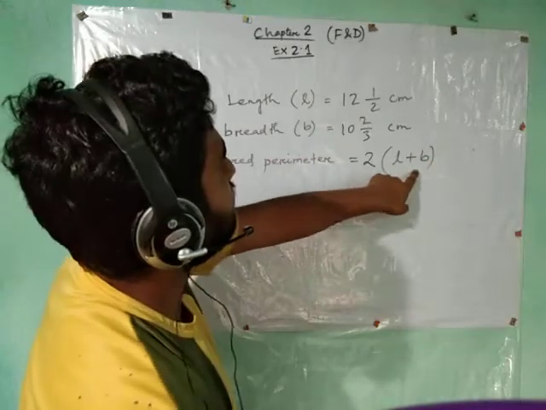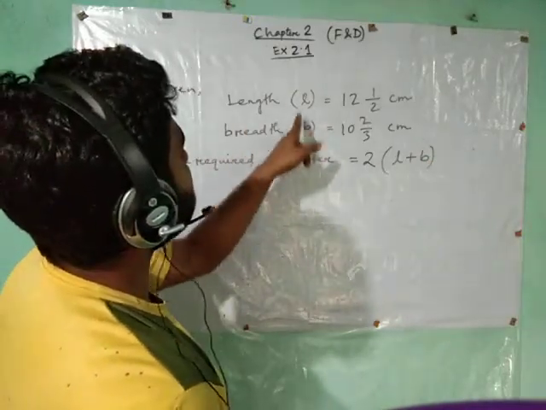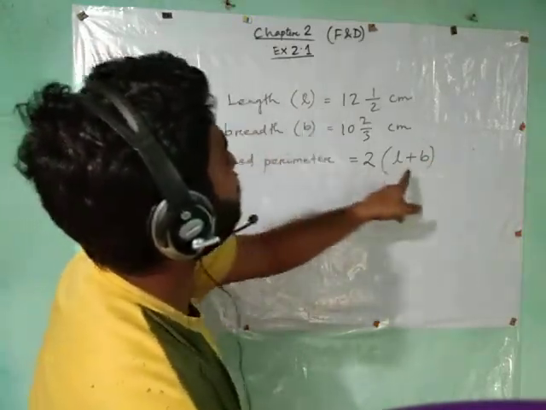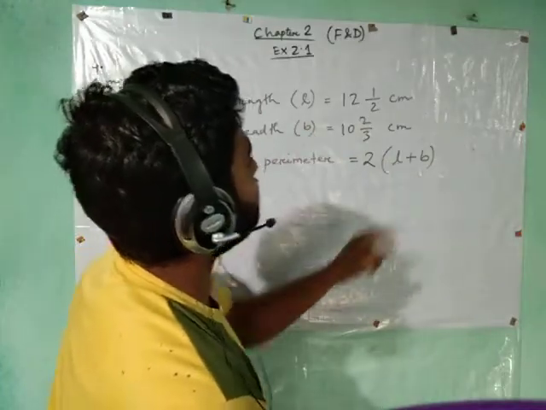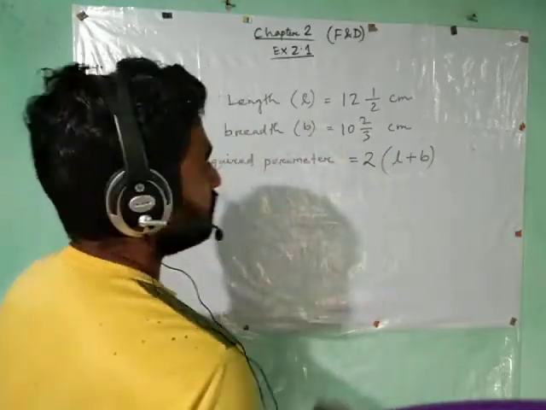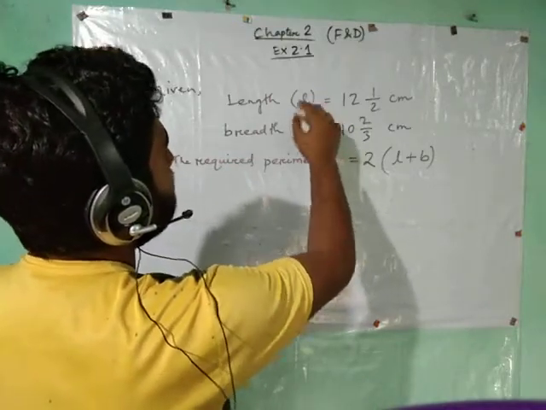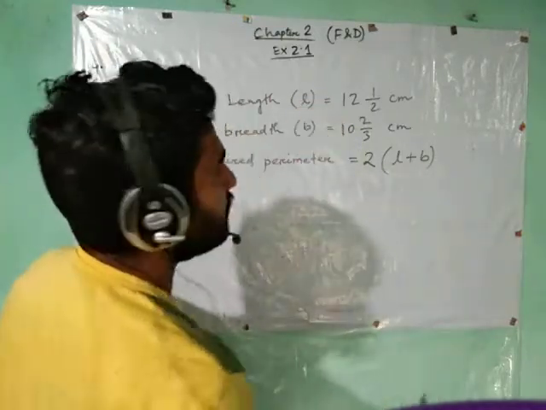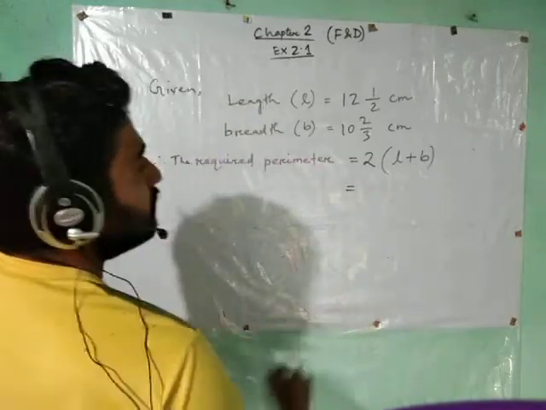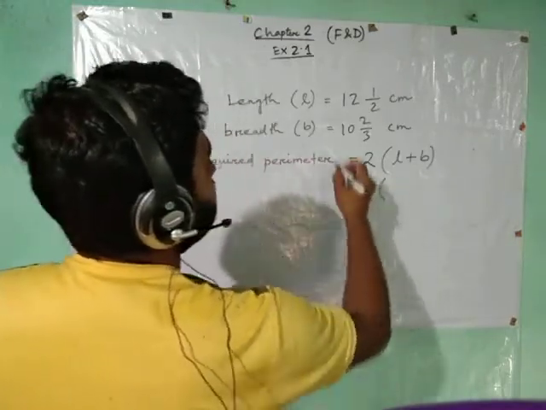So I am using here not length breadth but brackets, because of which I can use these symbols for this. Otherwise, if I had not used this here, I would not have been able to write it. Okay, now you see here, put the values.